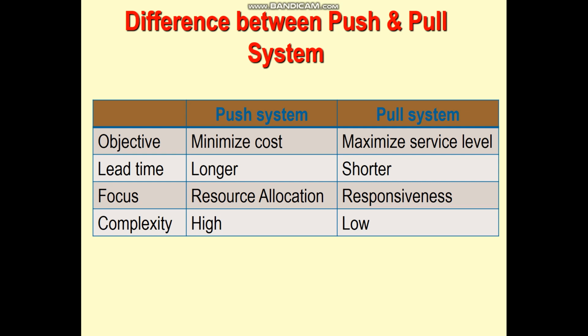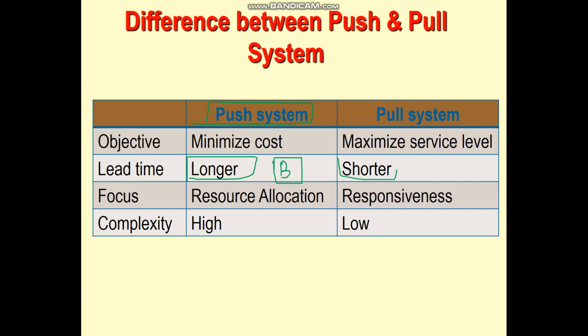And that's also why if we use the push system, we will have a longer lead time. For example, the customer orders product B, but we have to finish producing product A before we produce product B, so the customer has to wait.